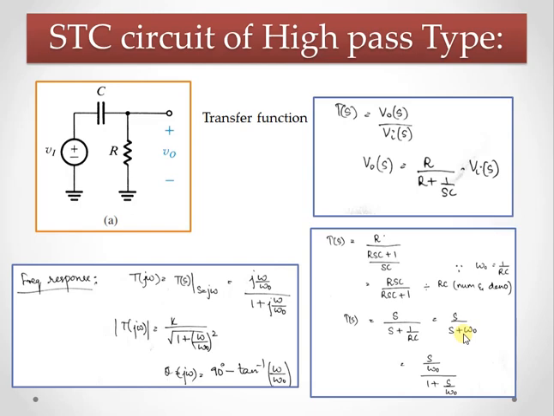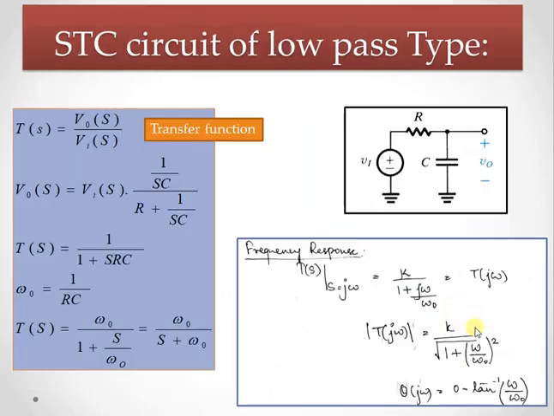Both for the low frequency response and high frequency response, we denote it in terms of the STC circuit. So I have considered a simple example of a high pass type and a low pass type to explain how the transfer function can be represented for each.